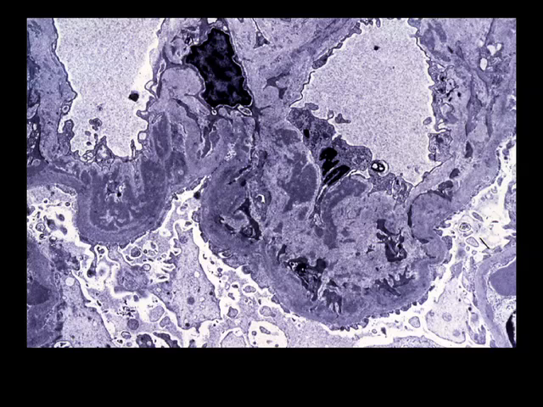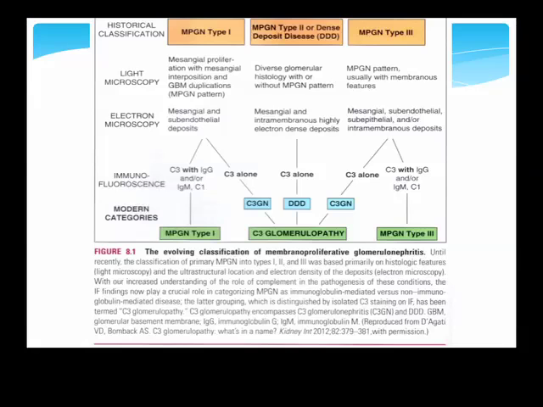This is the characteristic finding in what was called type 1 membranoproliferative glomerulopathy, because it contains a large number of immunoglobulins along with complement. However, the terminology for the membranoproliferative pattern of injury has been changed now, so that patients who have both immunoglobulins and complement within the subendothelial space producing the membranoproliferative pattern of injury are considered to have the membranoproliferative glomerulopathy type 1 disease.